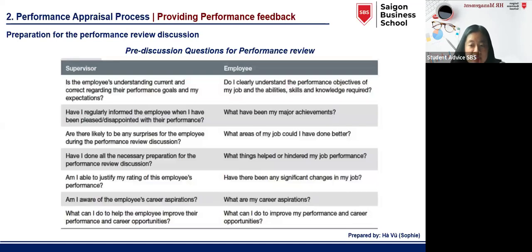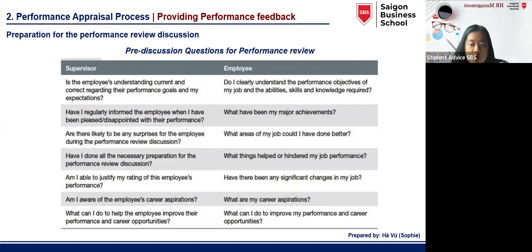And then refresh on the employee's last appraisal and compare their current performance against mutually agreed goals. That means that we need to be very clear about the metric, the goal, and the target that we set for our employees. And finally, prepare a list of key points to discuss during the interview.